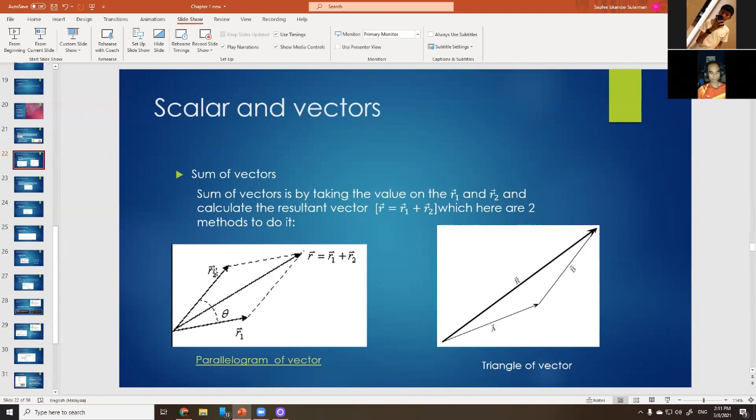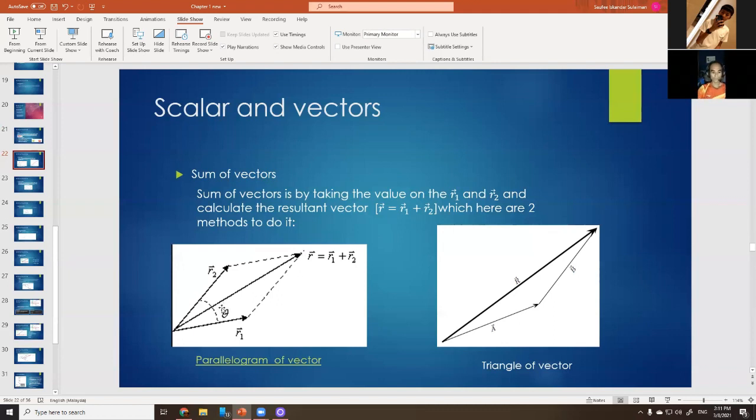It's easier if you have graph paper. When you have R1 and R2, make sure the lines are parallel, make a long line for each, and then see where the intersection is. It is the resultant of R1 and R2, R1 plus R2.